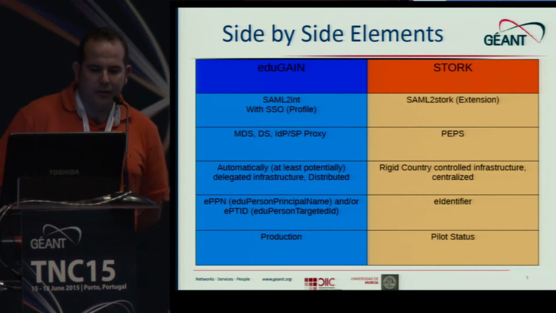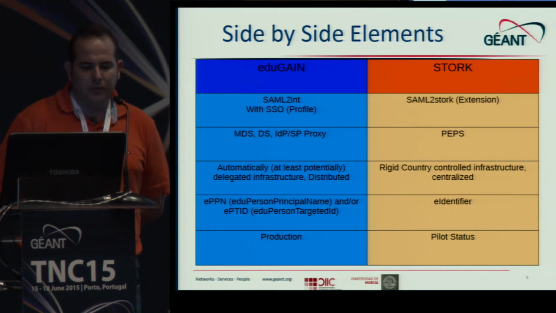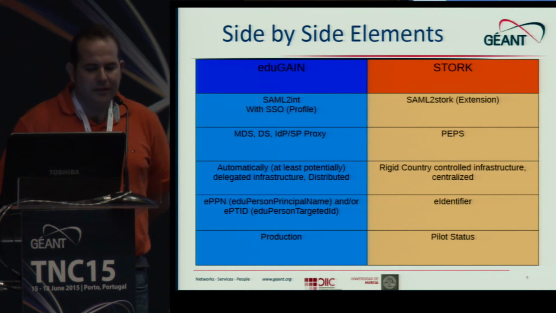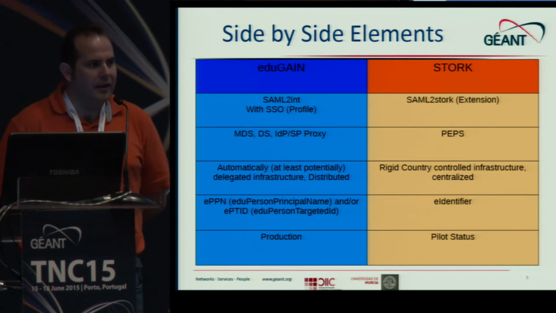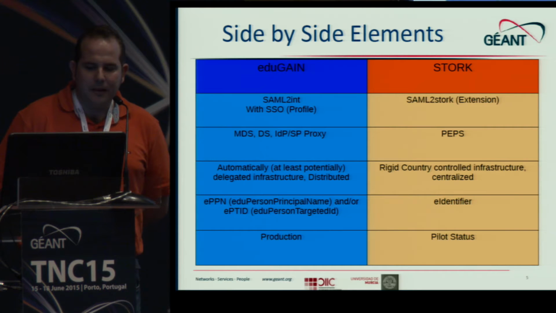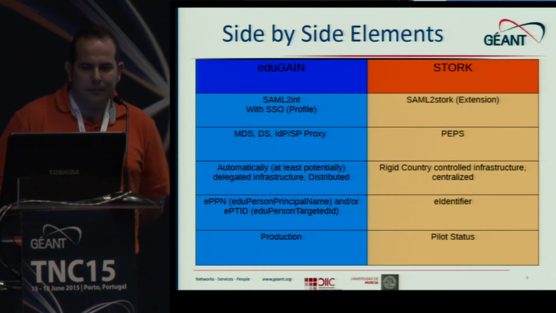About the architecture, eduGAIN is composed of the MDS, the metadata distribution service, the discovery service, identity providers, and service providers proxy. And basically the main part of the infrastructure of STORK is the PEPS, which is a pan-European proxy service.